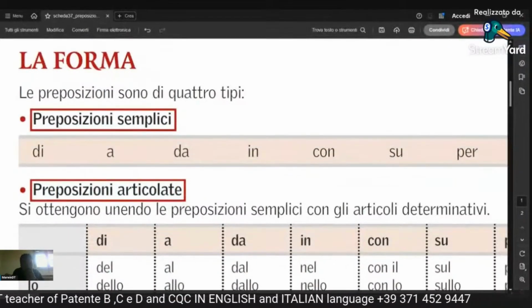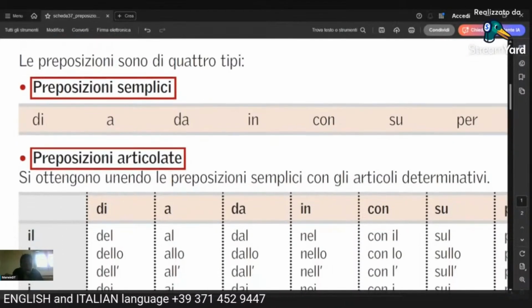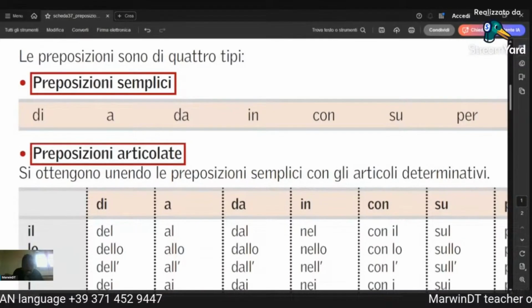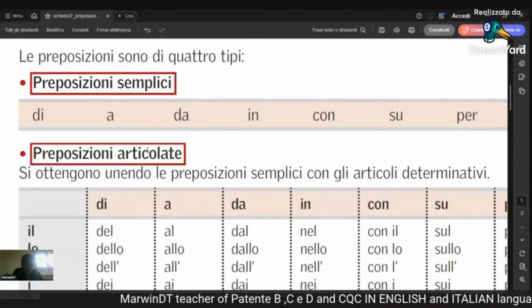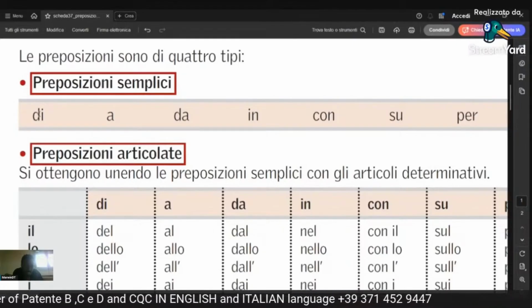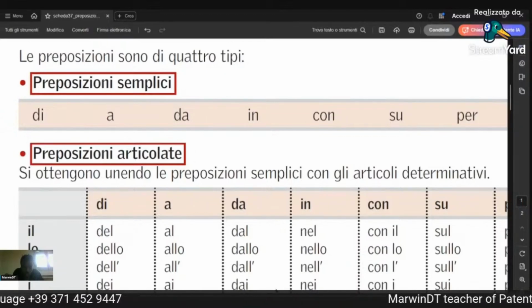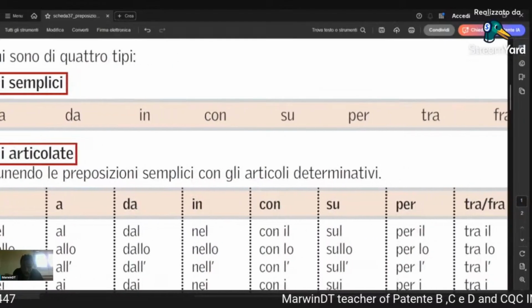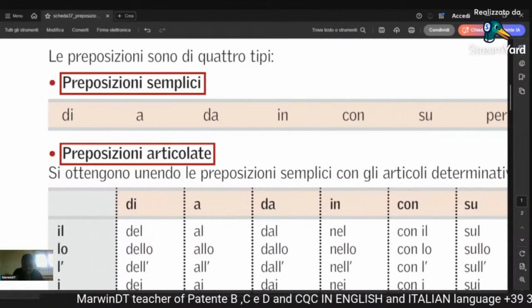Now this is the form of the preposition. It says, le preposizioni sono di 4 tipi. Preposizioni semplici, which is simple prepositions. And they are di, a, da, in, con, su, per, tra, fra. So this you memorize.